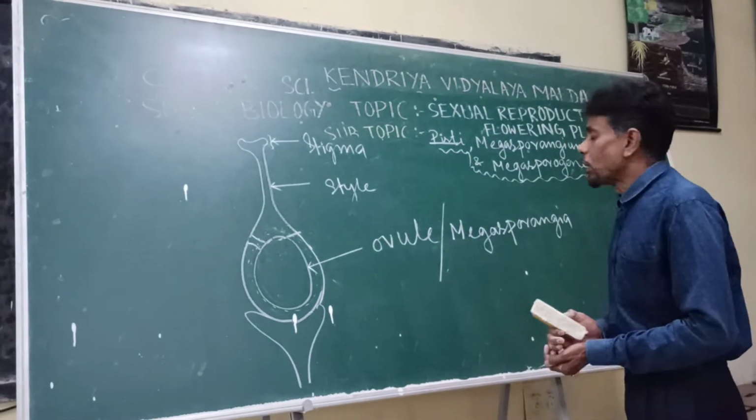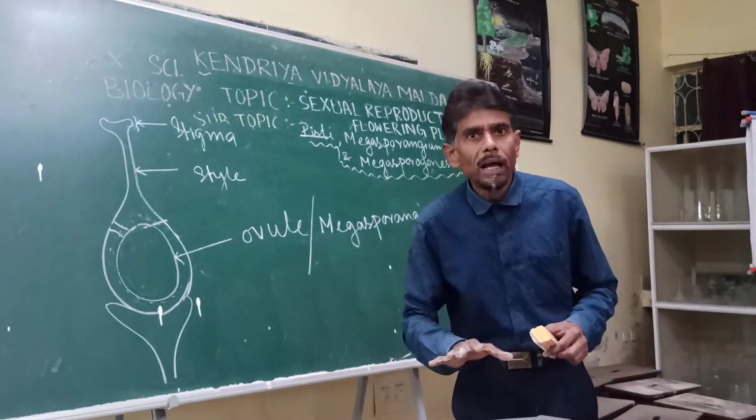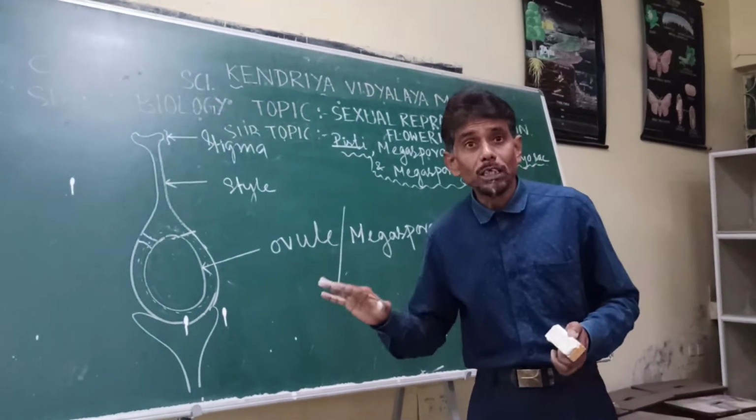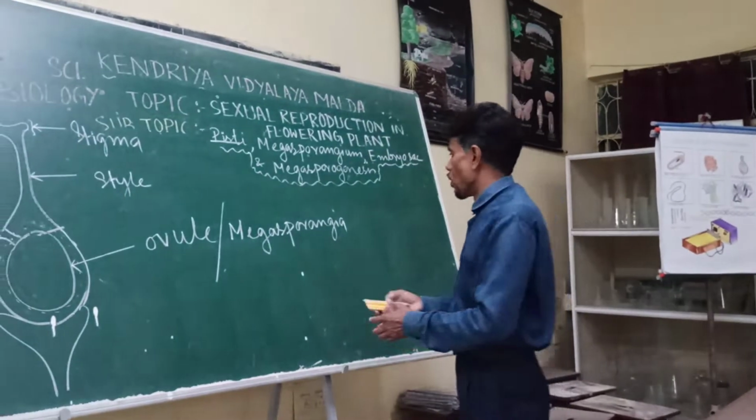Now, let me draw a typical angiosperm megasporangium, what we call a typical angiosperm ovule.